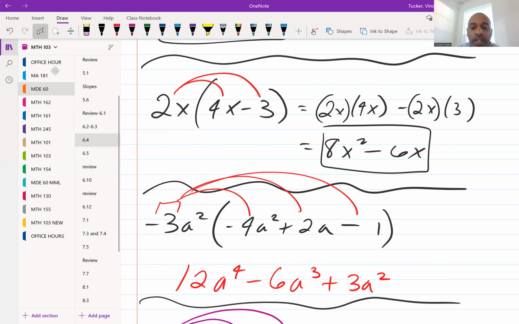Negative 3a squared times negative 1 is positive 3a squared. Questions on that one?